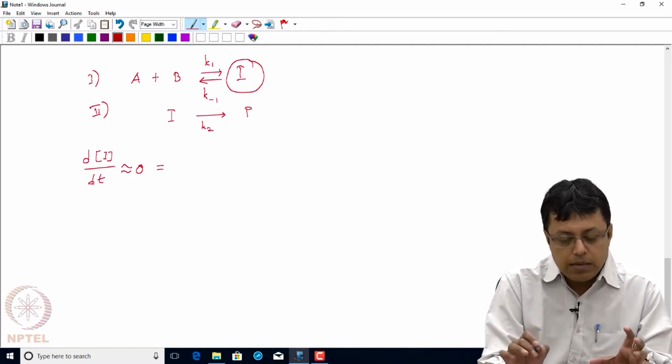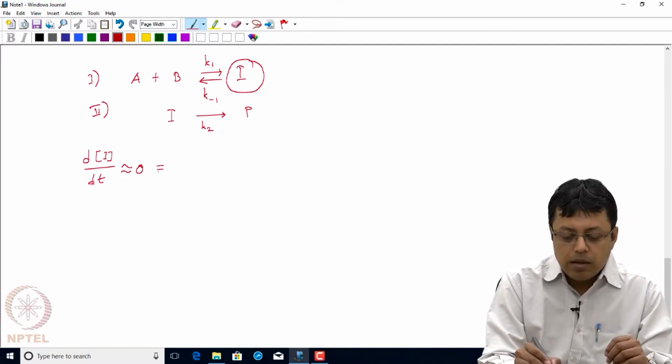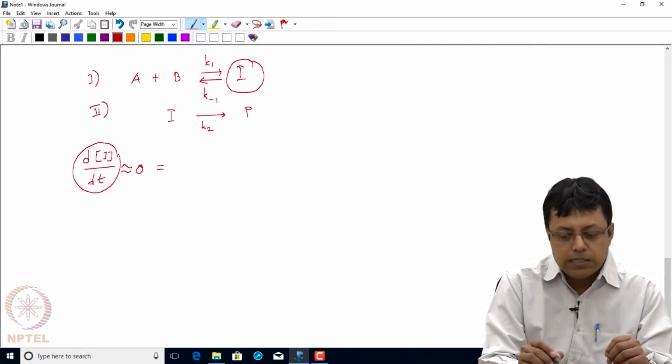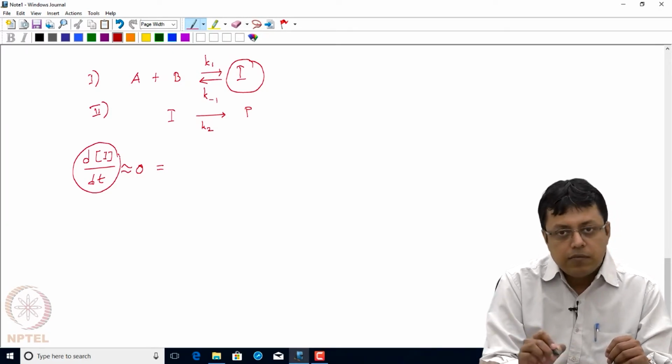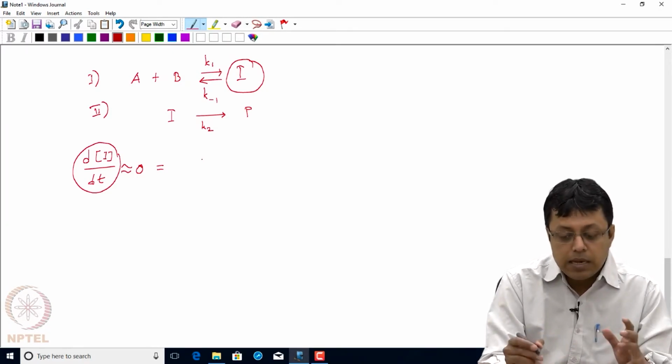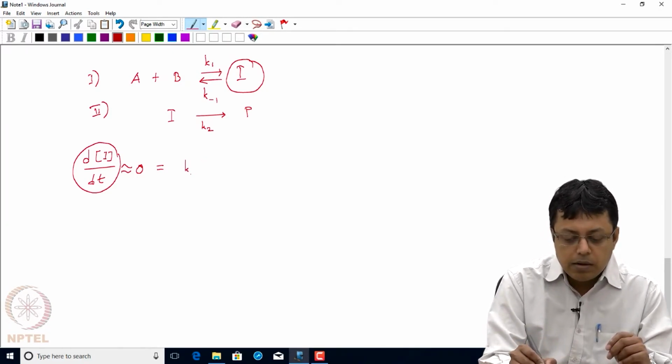Now let us find out what are the terms that involve this dI/dt. If I see the first step, the intermediate I is being formed with a rate constant K1. So it's a bimolecular reaction.